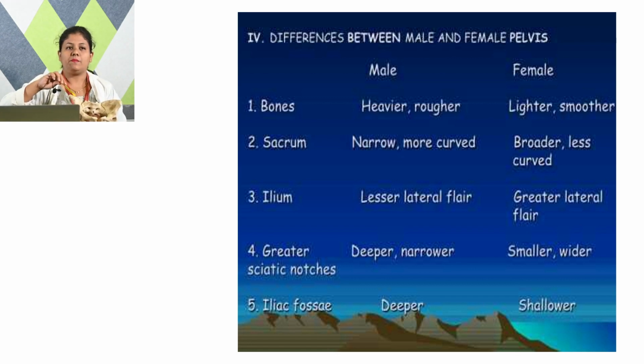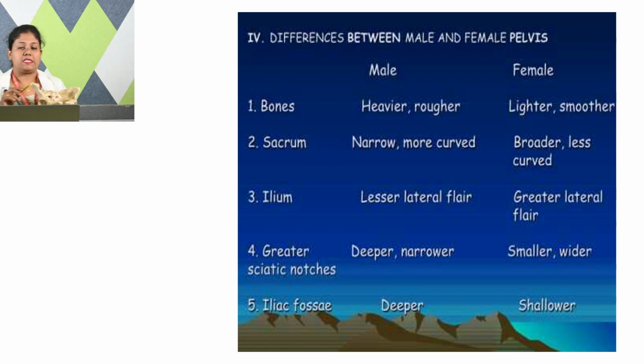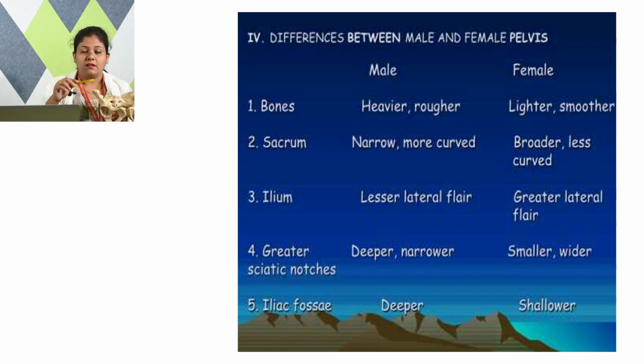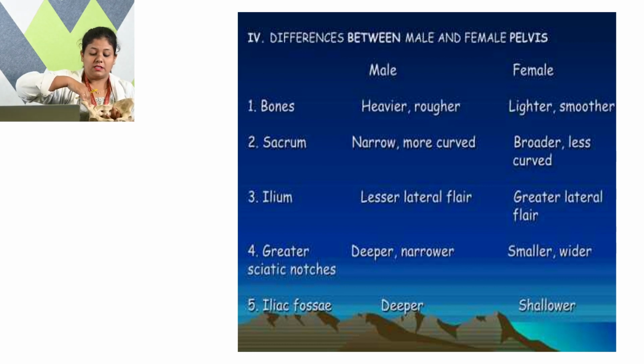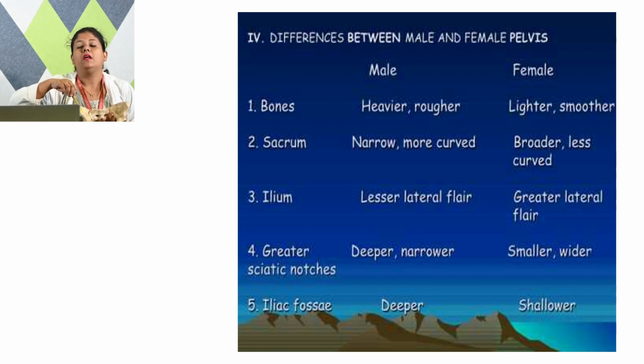In the male, the ilium has lesser lateral flare, whereas in the female it has a greater lateral flare. And the greater sciatic notch, the male has a deeper notch, whereas in the female it is a smaller notch. And the iliac fossa, this part is called the iliac fossa, and the iliac fossa in the male is deeper, and in the female it is a bit shallower.